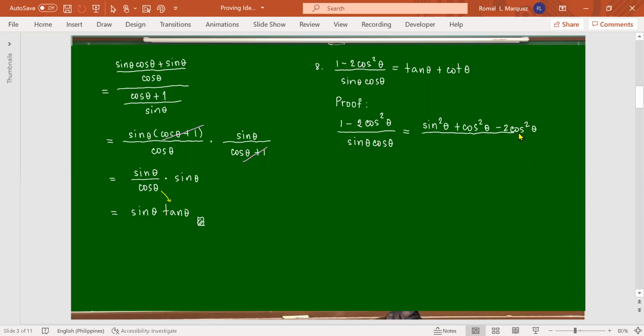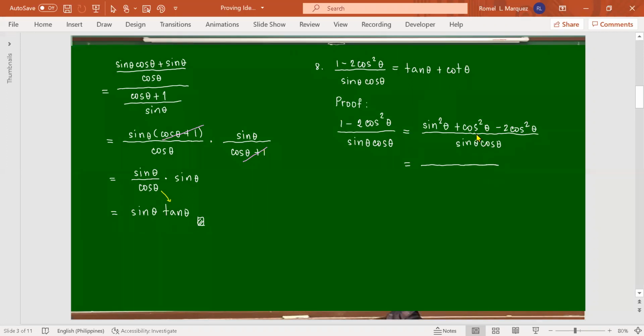Okay? So let's see if this will work. And let's find out what will happen. All over sine theta cosine theta. Okay? So again, 1 is equal to sine squared theta plus cosine squared theta. Then minus 2 cosine squared theta. So let's simplify the numerator.